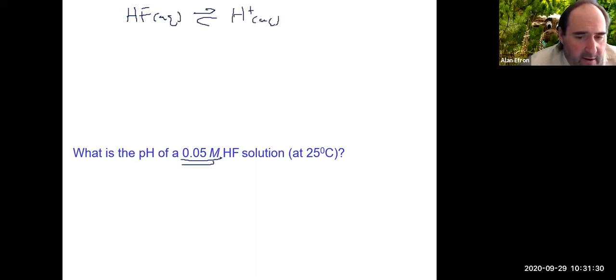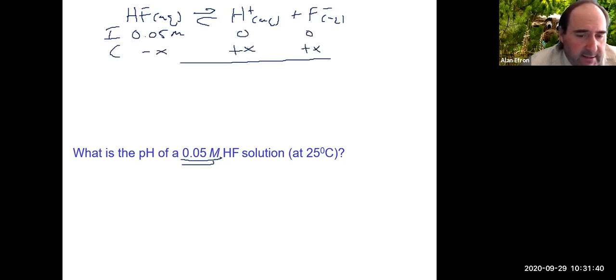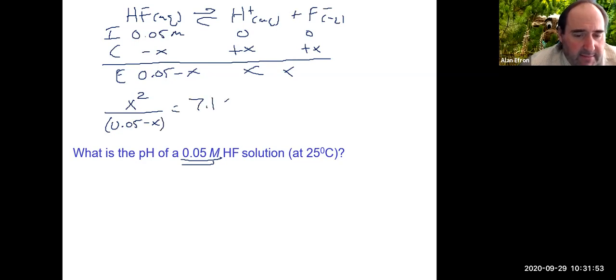We would have our initial table here, and we would have 0.05 molar, 0 and 0. Change would be minus x, plus x, plus x. Equilibrium: 0.05 minus x, x and x. This would give us x squared over 0.05 minus x equals our 7.1 times 10 to the minus 4.